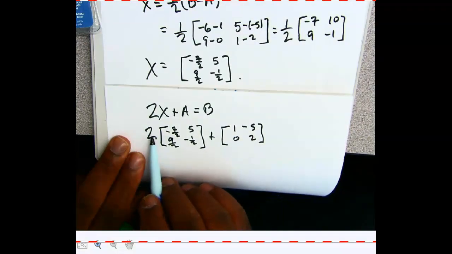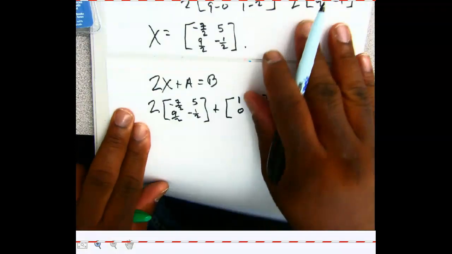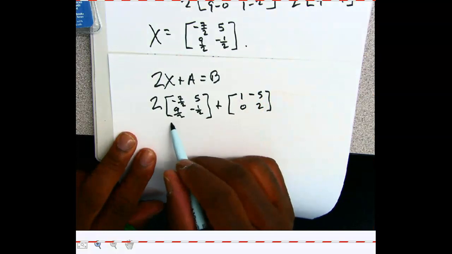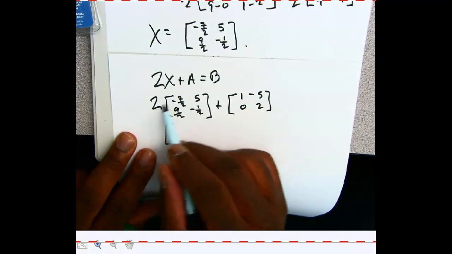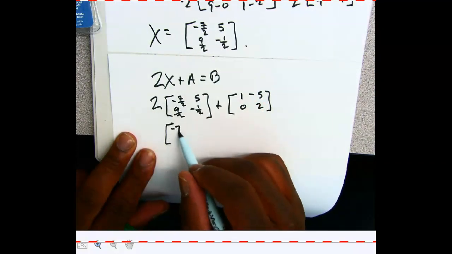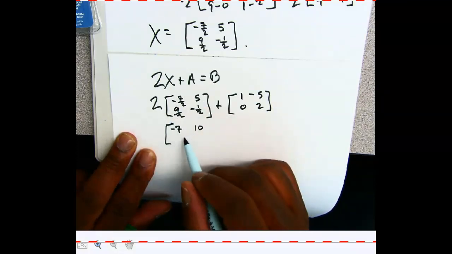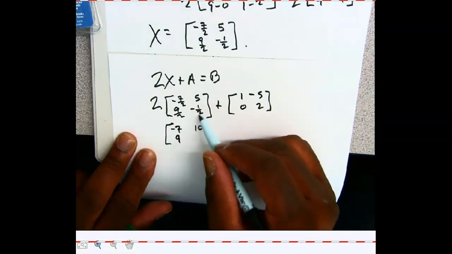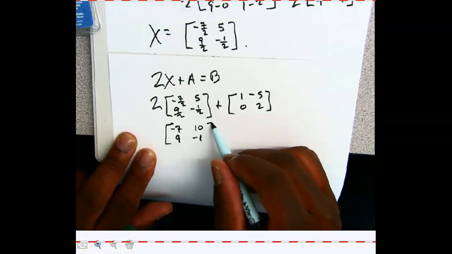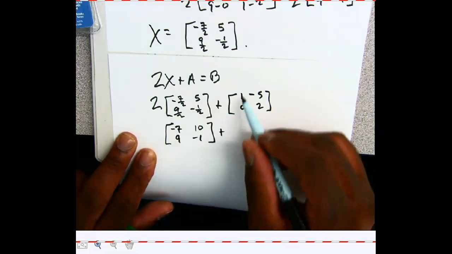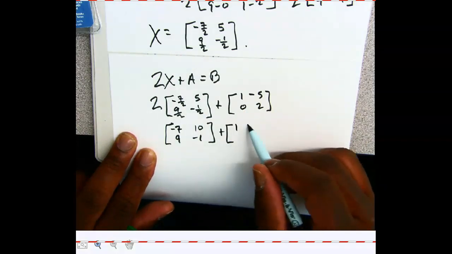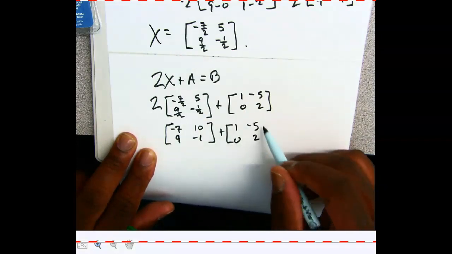Well, multiplying each of these terms by 2, 2 times -7 over 2 is -7. 2 times 5 is 10. 2 times 9 over 2 is 9. 2 times -1 over 2 is -1. Plus matrix A, 1, -5, 0, 2.